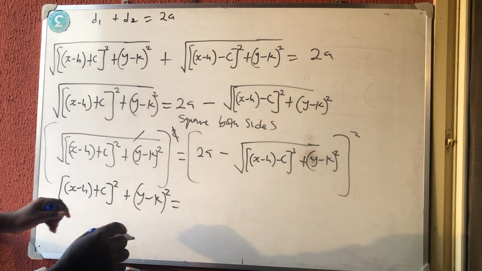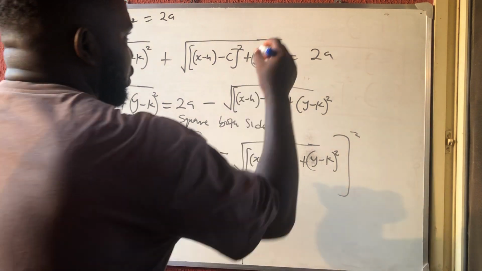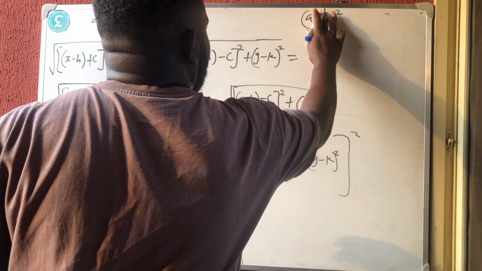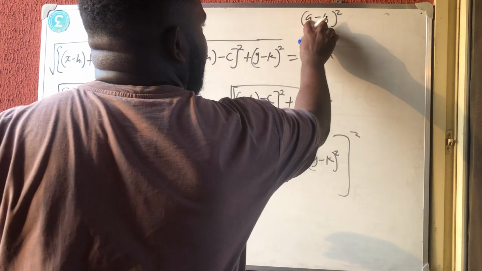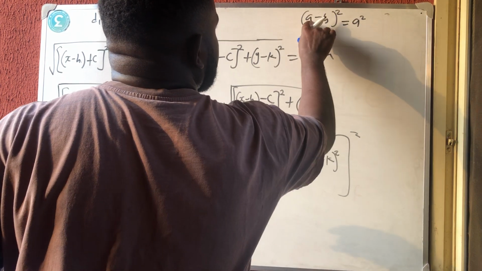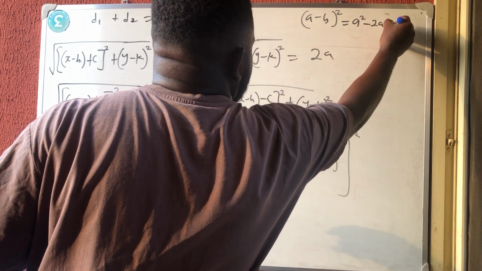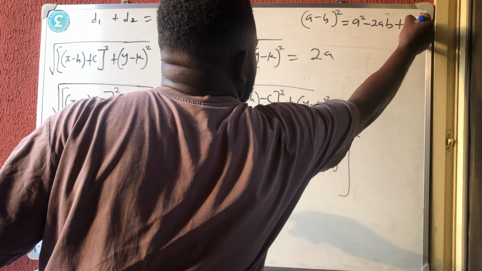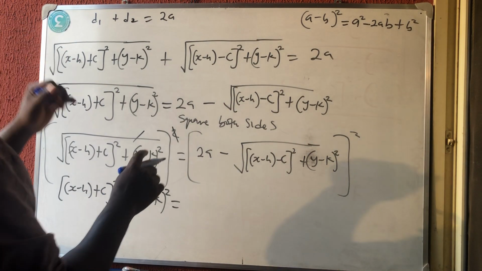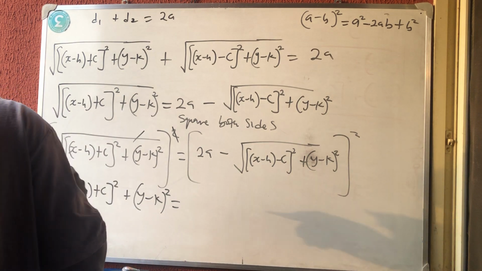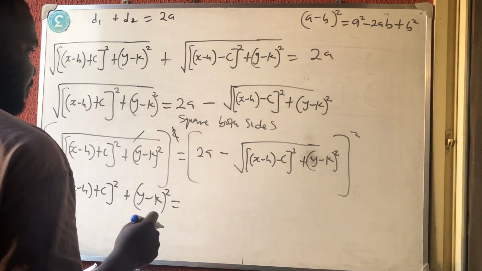Okay, now this is two things, and I told you if you have a plus b all squared, or a minus b rather all squared, the answer is square the first one, I'm having a squared, multiply the first one and the second one, double it, I'm going to have minus 2ab, then square the last one plus b squared. So that's what we're going to do here. So let's do that.